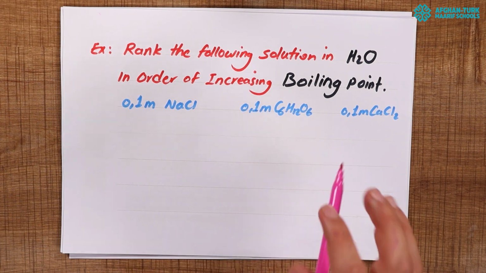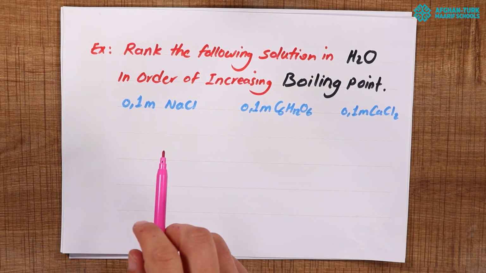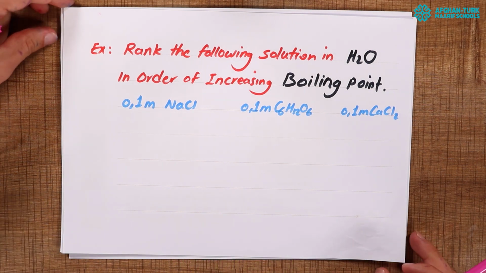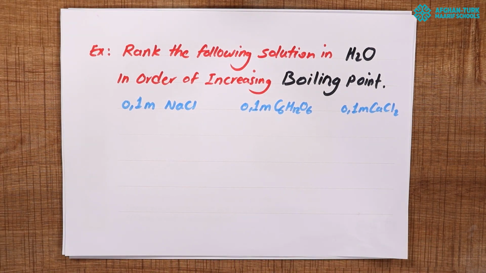Let's do another example. We have studied the boiling point and the freezing point, and I wanted to solve one question about the boiling point. Rank the following solutions in water in order of increasing boiling point. This question is about dissociation.